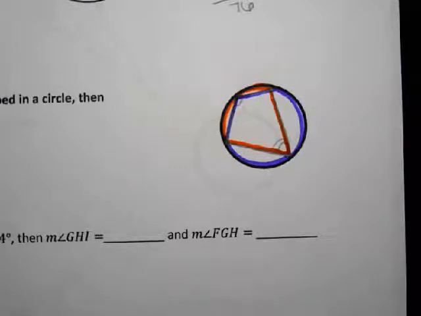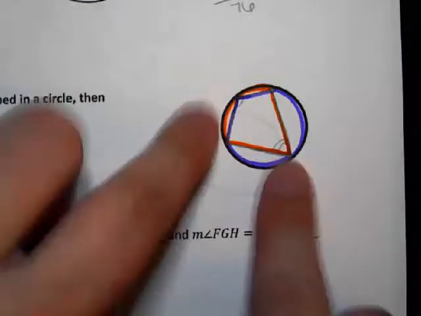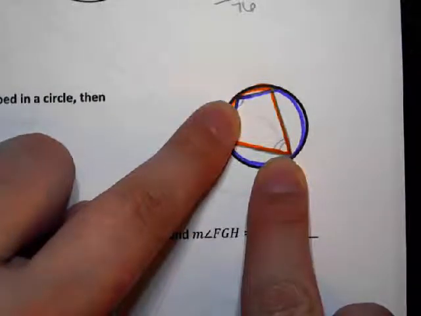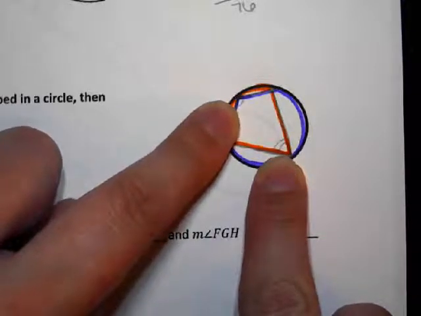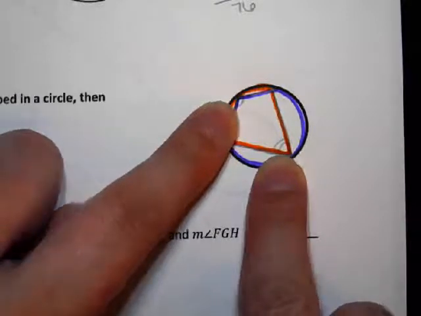Okay, so if I traced all of the circle, if I traced 360 degrees worth of the arc, then how much angle do I have for the angles? 180. Does that make sense? If I traced 360 degrees worth of the arc, then that means that the angles are 180.